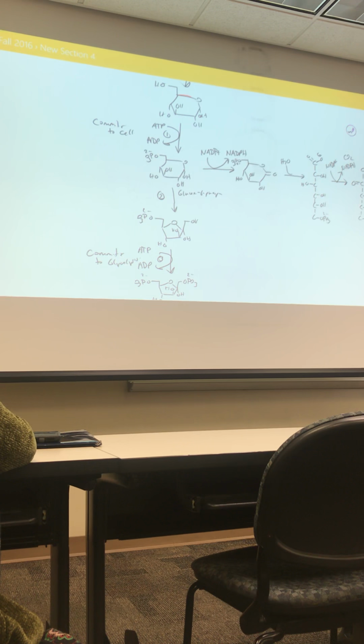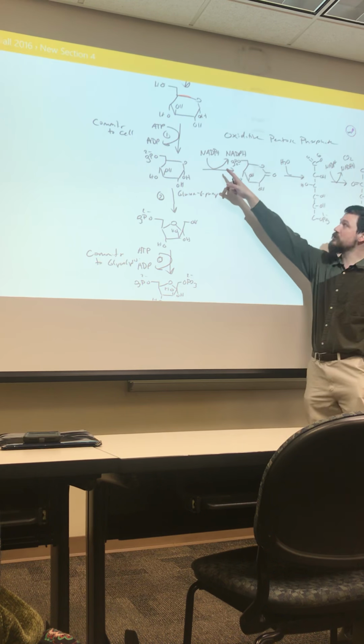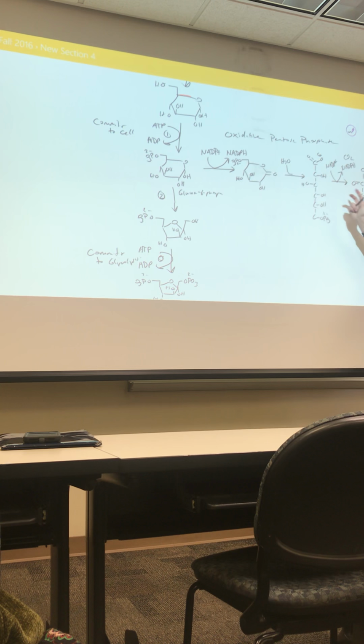Now, this is, say, the oxidative pentose phosphate pathway, and what you're seeing is the same thing that you saw from the citric acid cycle. Steal electrons, but now instead of NADH, we're sending it to NADP, which just has a phosphorylation difference.